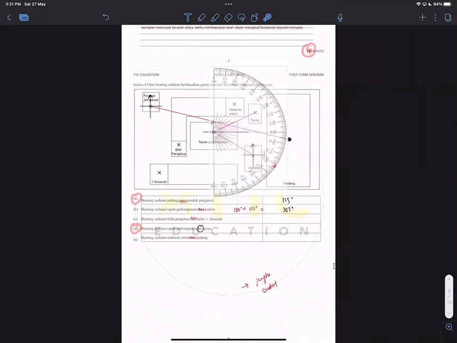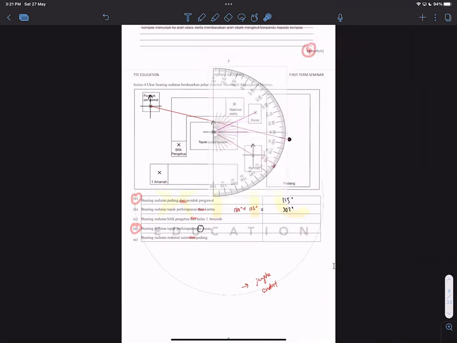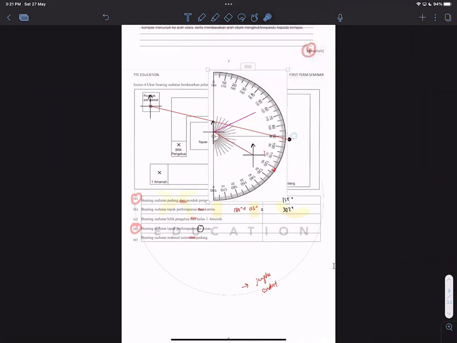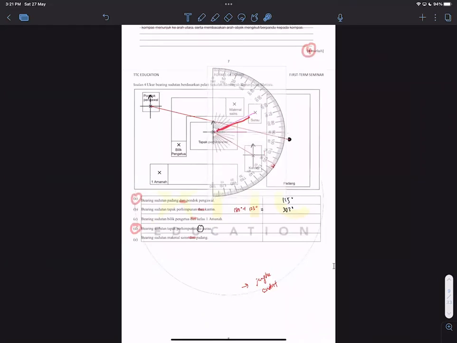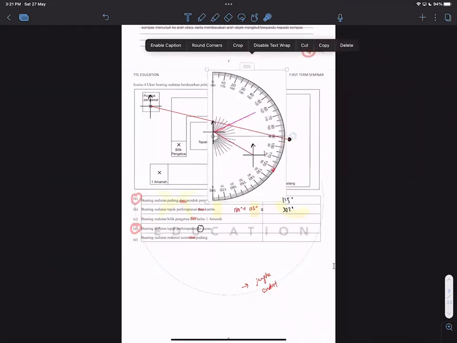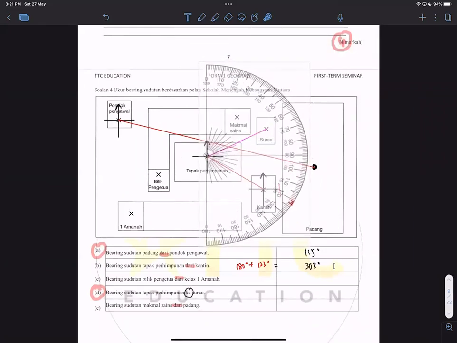If your bearing sudut is larger than the line, look at the pink color. So short, right? But your jangka sudut is larger, covering the line. So how do we measure the line? Hey, the iPad keeps auto aligning.